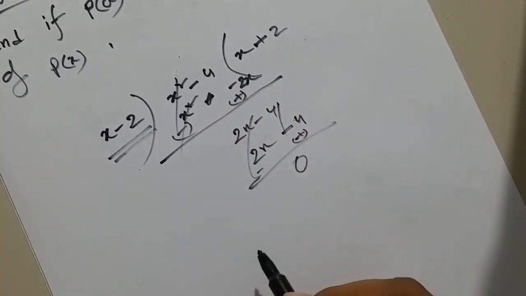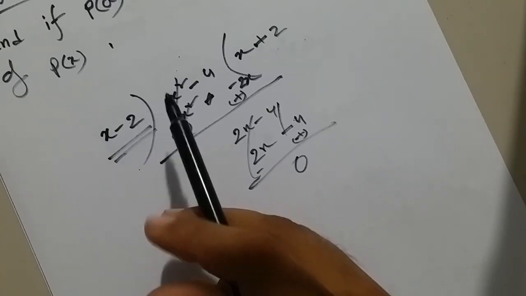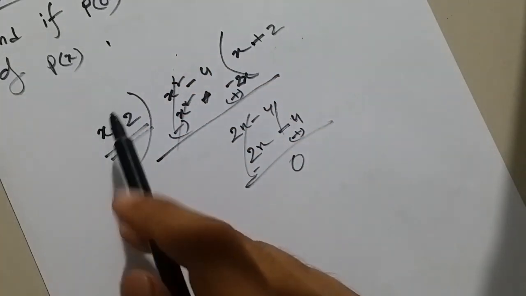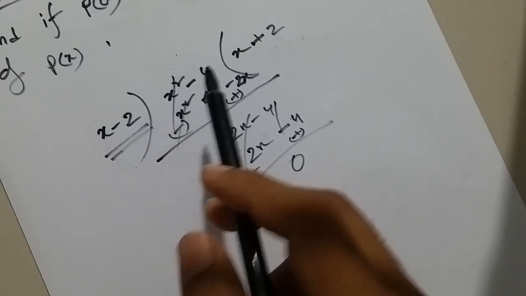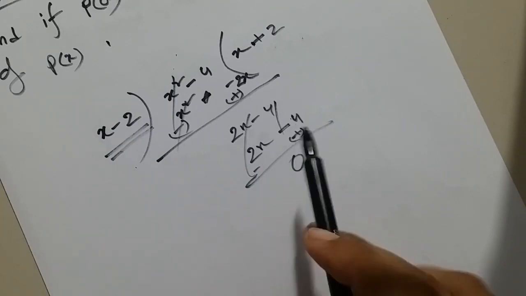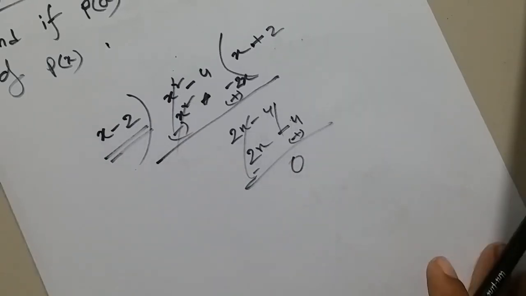Here the polynomial is x square minus 4 and x minus 2 is another polynomial, and if x square minus 4 is divided by x minus 2, then the remainder is 0, so x minus 2 is a factor of x square minus 4. Clear?